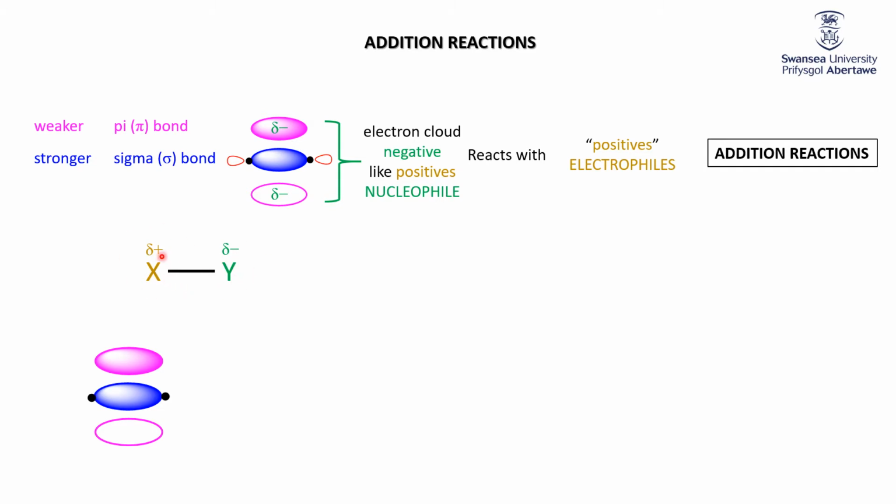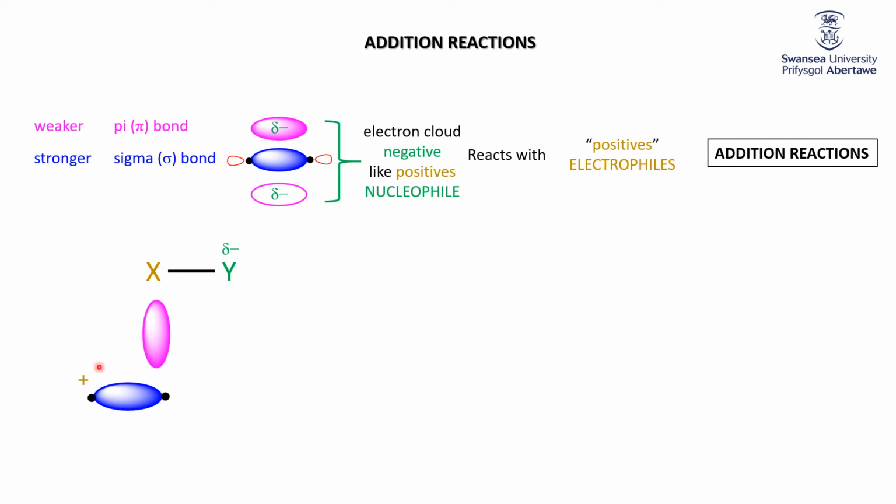And so the X, the slightly positive, sees these electrons, says, I am an electrophile, I like negatives, and so starts to get attracted to it. Now, the way that we depict that is we say that it's not so much that the slightly positive X gets attracted to the electrons, it's that the electrons get attracted to the slightly positive X. So let me animate that a little bit further.